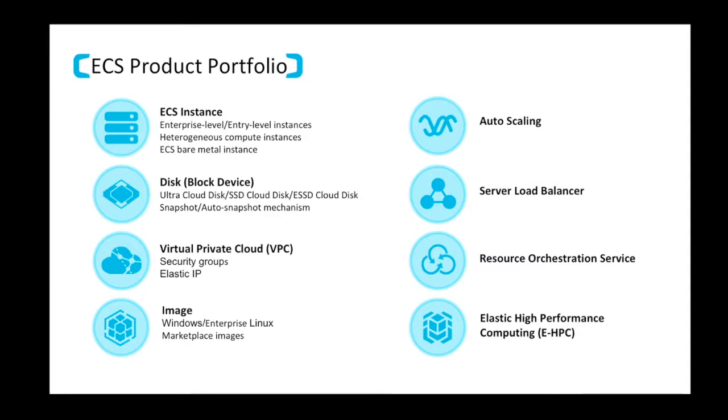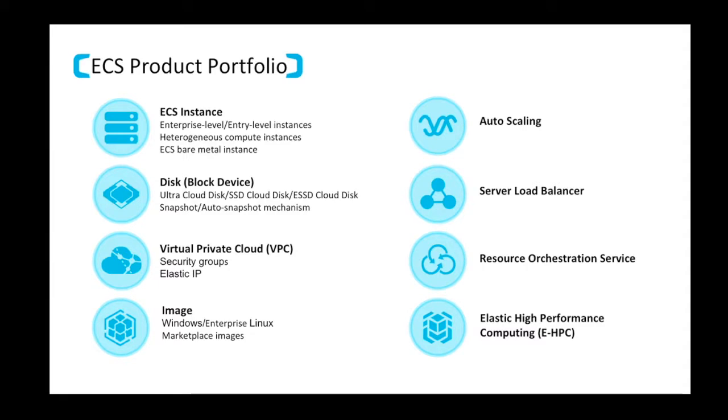Resource orchestration service provides developers and system managers with a simple method to create and manage their Alibaba Cloud resources, not only ECS resources. Through ROS, you can use JSON to define any required resources, dependencies between resources, and configuration details.